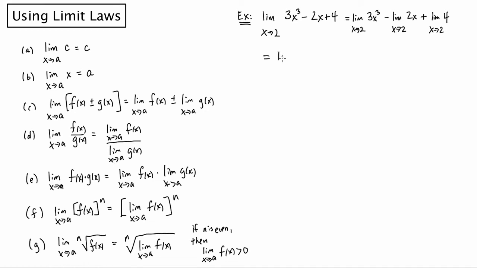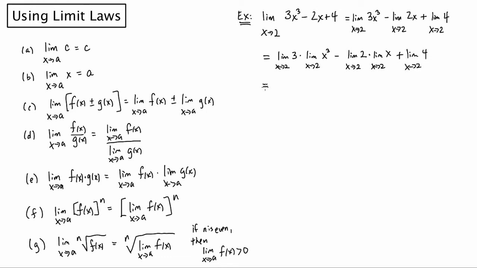So I can say that's the limit as x goes to 2 of 3 times the limit as x goes to 2 of x cubed, minus, I can do the same thing here, the limit as x goes to 2 of 2 times the limit as x goes to 2 of x, plus the limit as x goes to 2 of 4.